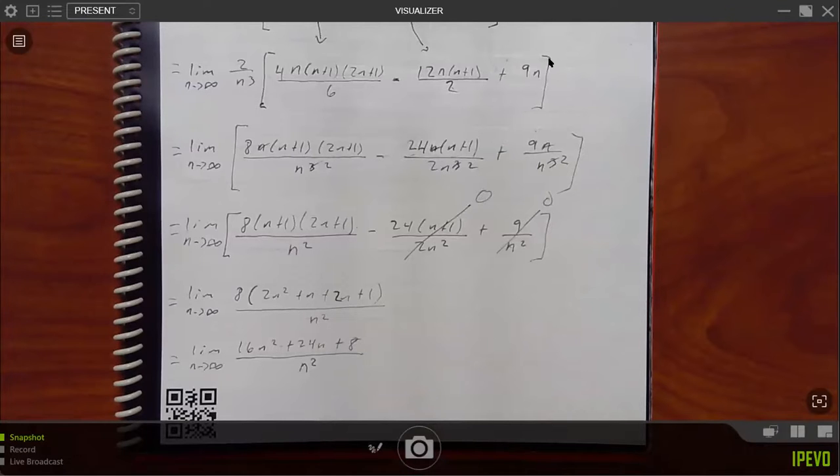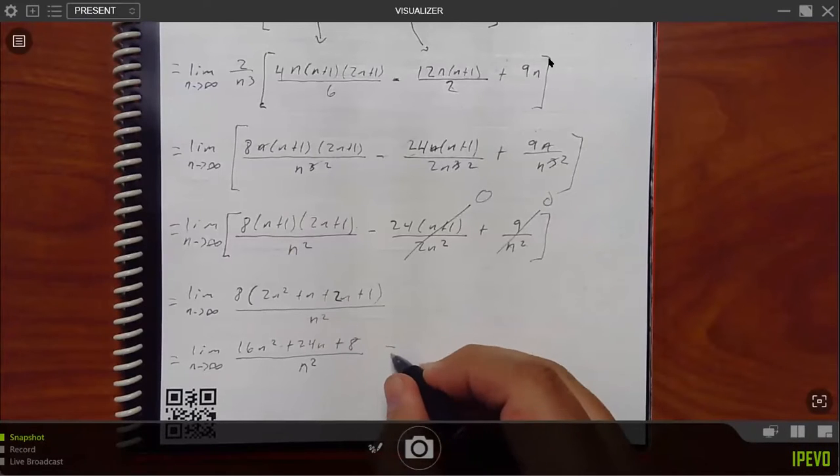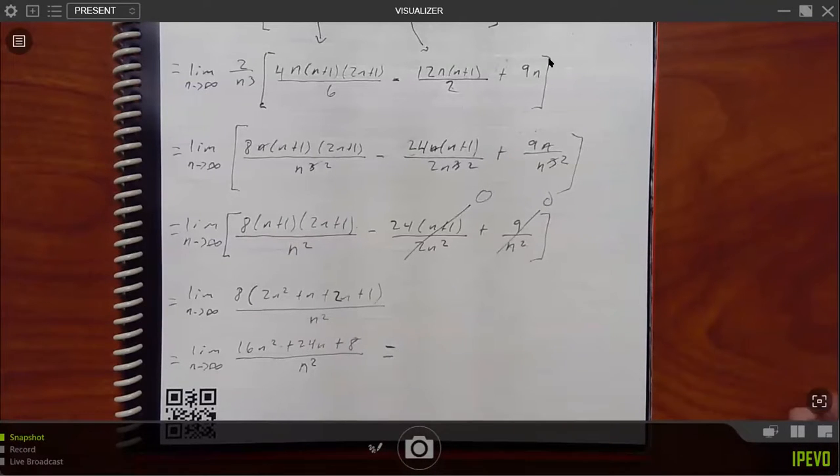So what is the limit of this last piece? Does that mean since they're equal, it'd be 16 over 1?